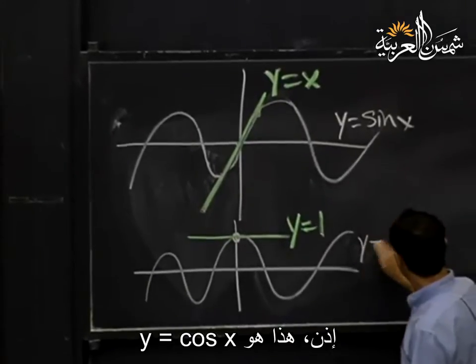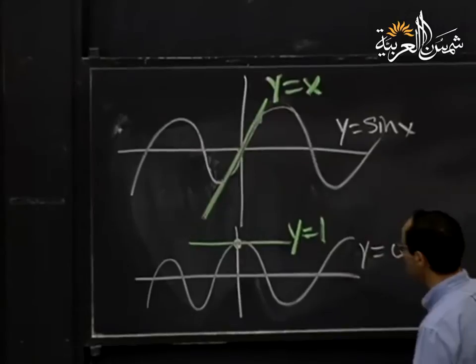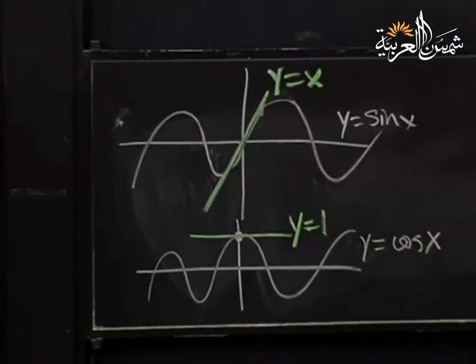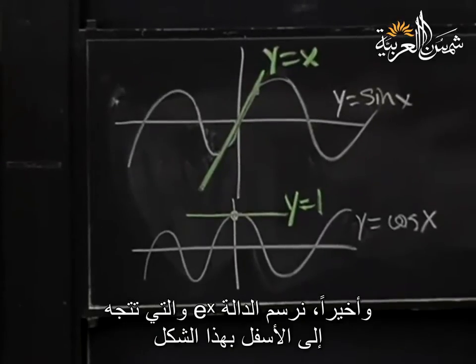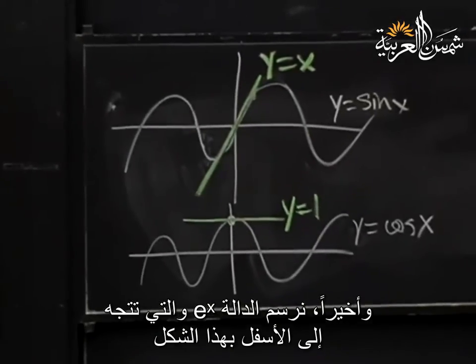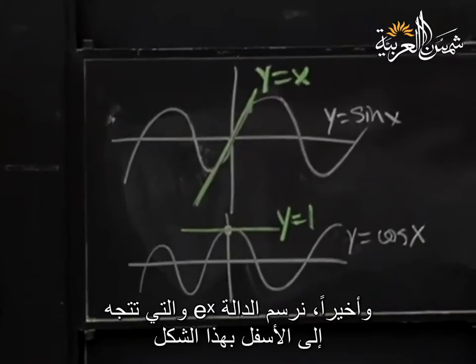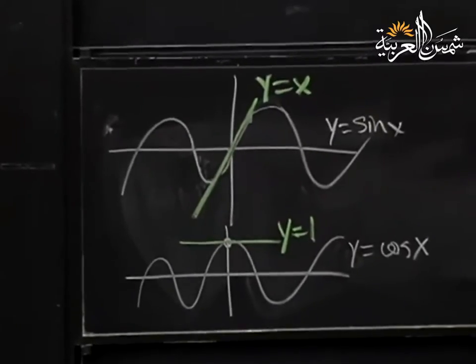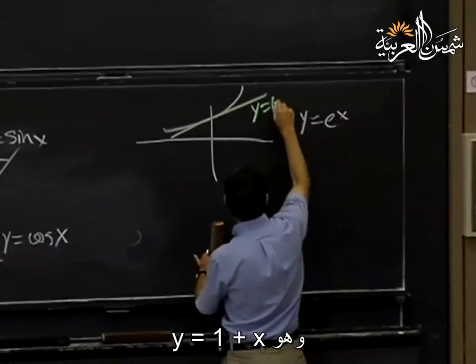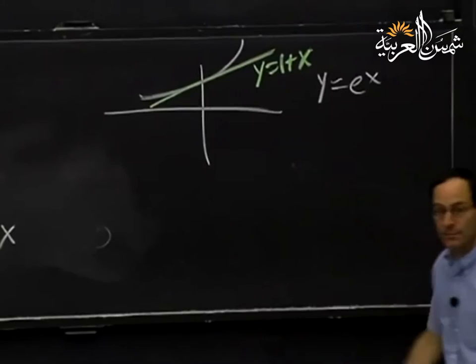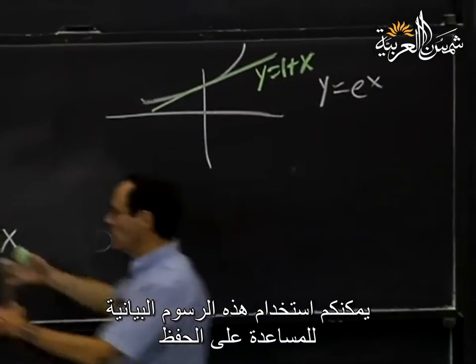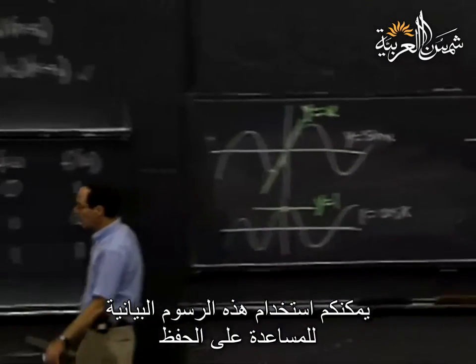So this is y equals cosine x. And finally, if I draw y equals e to the x, that's coming down like this. And the tangent line is here, and it's y equals 1 plus x. The value is 1 and the slope is 1. So this is how to remember it graphically, if you like.